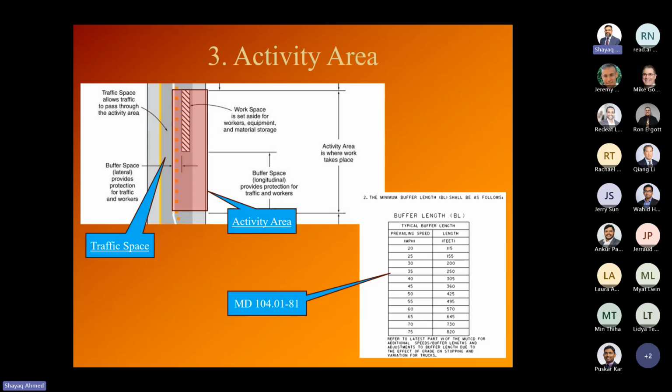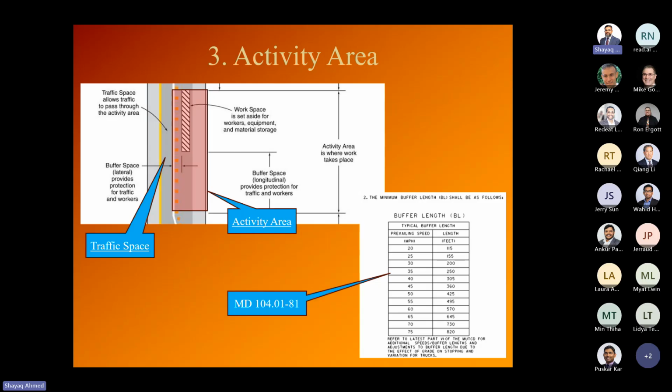So basically this buffer area is a recovery area for an errant vehicle. It protects the workers. This area should always be empty, as I said earlier. There should not be any vehicles. There should not be any equipment. There should not be any material. Sometimes I've seen TMAs stored in this area to protect the workers, but somewhere in the standards I've seen that the TMA should also not be stored in this area.